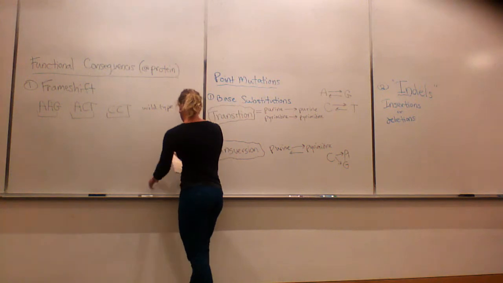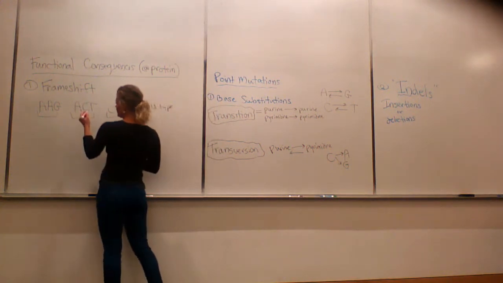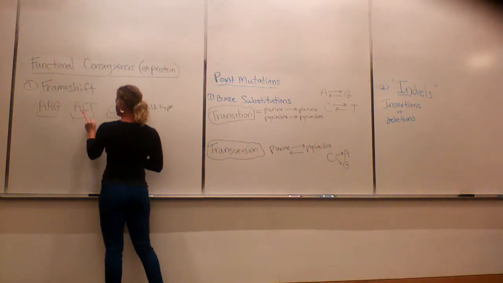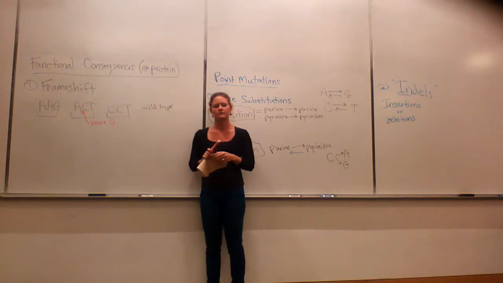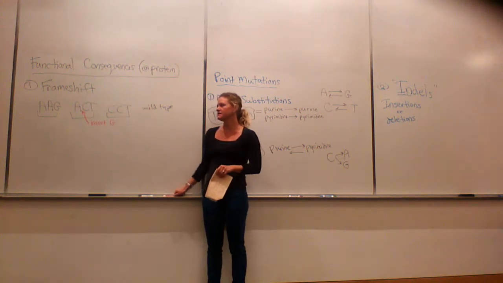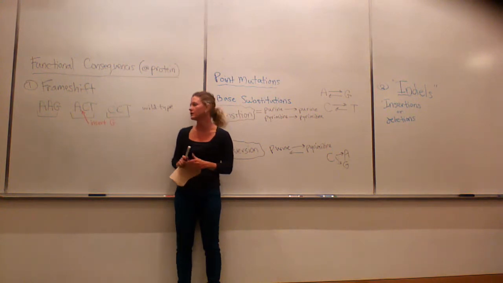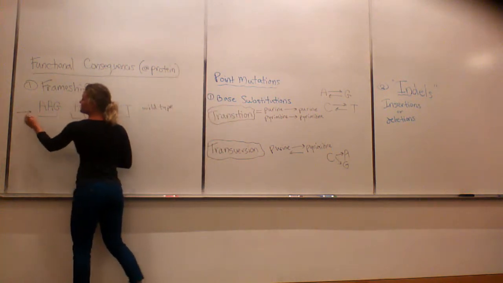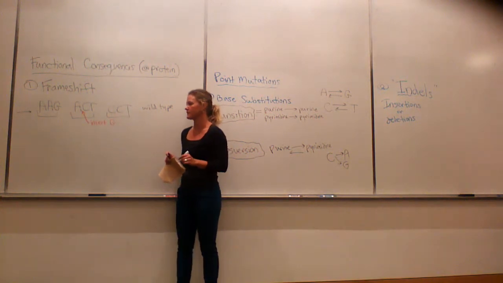So say we stuck in, you insert a G, right? If you insert a G there, does that disrupt our first codon? No, not if we start reading from this left-hand end. We're reading left to right, just like you would in a textbook or magazine or whatever.